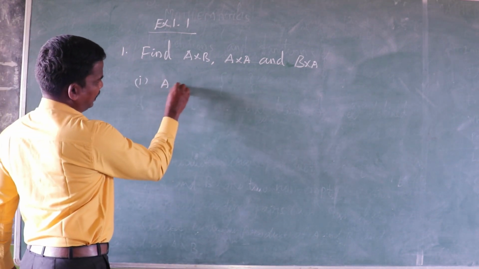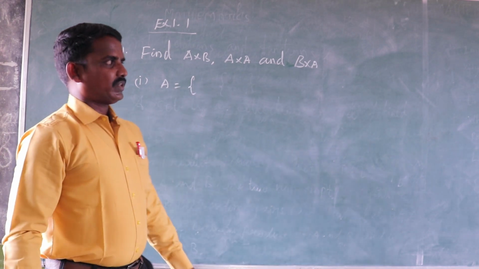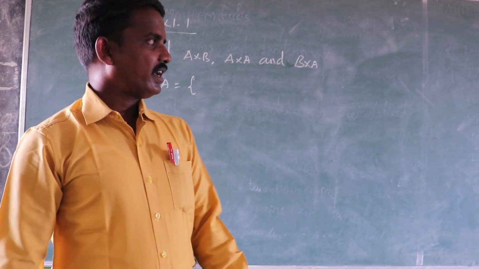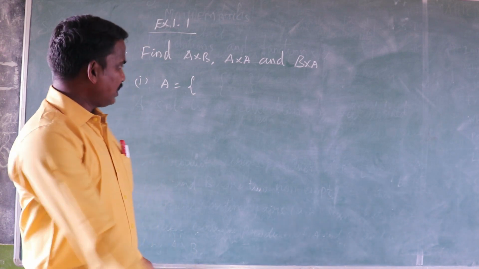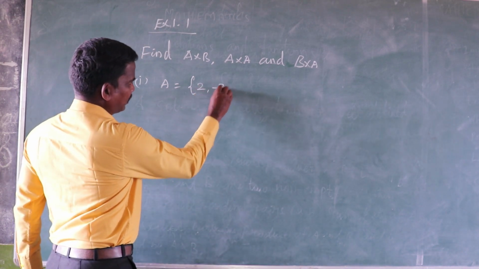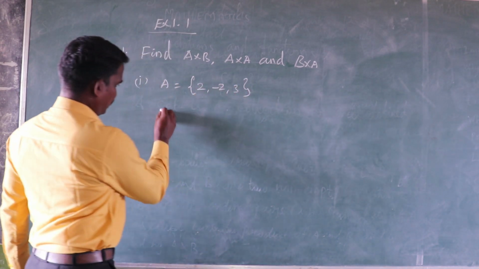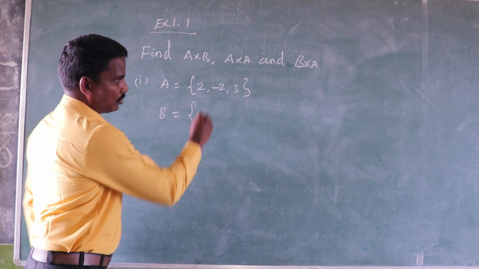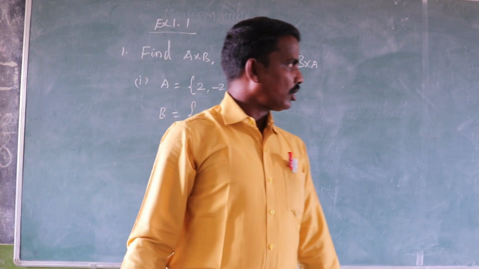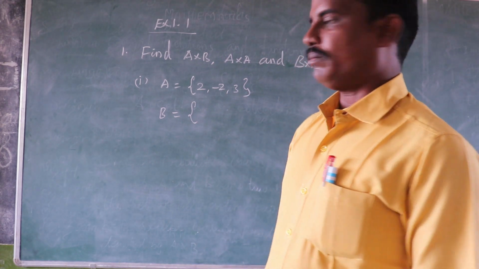Given A equal to the elements in the set A. Given in the question, 2, -2 and 3, and the second set B, the elements are 1 and -4.